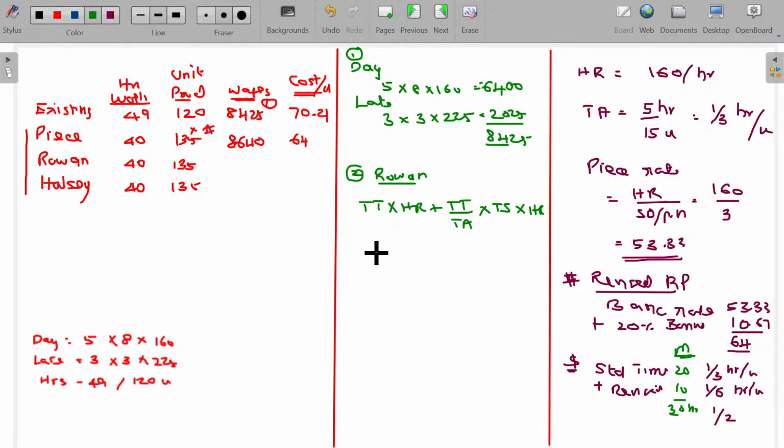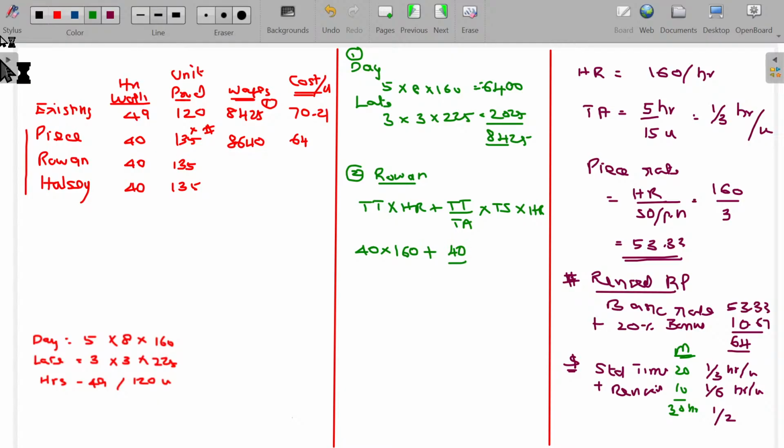Time taken being 40, hourly rate being 160, it remains same, plus time taken being 40.